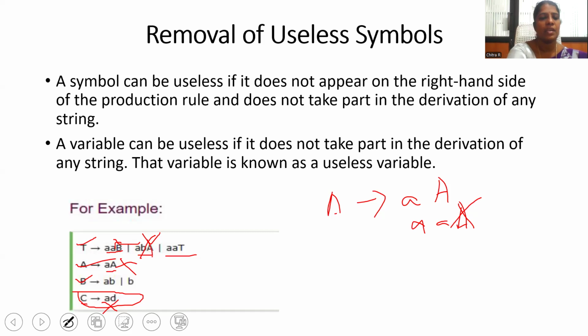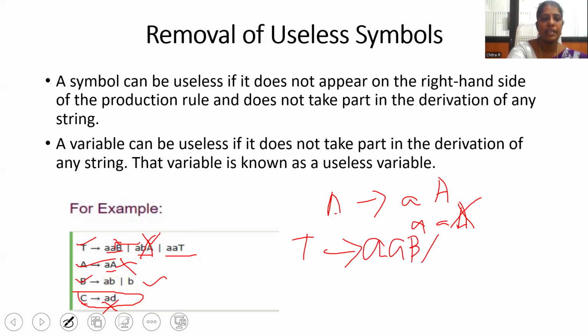And consider B. B derives small b slash B, that is, it derives the terminal symbols. So this B is useful. We will not eliminate this one, so wherever B is available, you will not replace it. You can write the remaining productions as T tends to AAB.